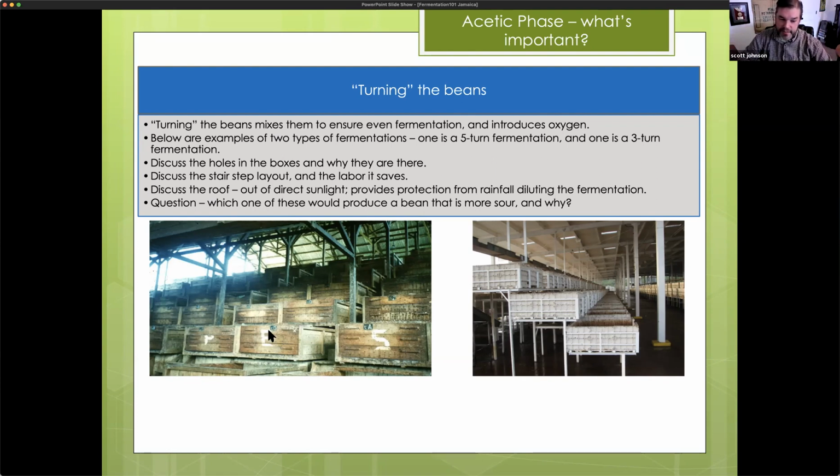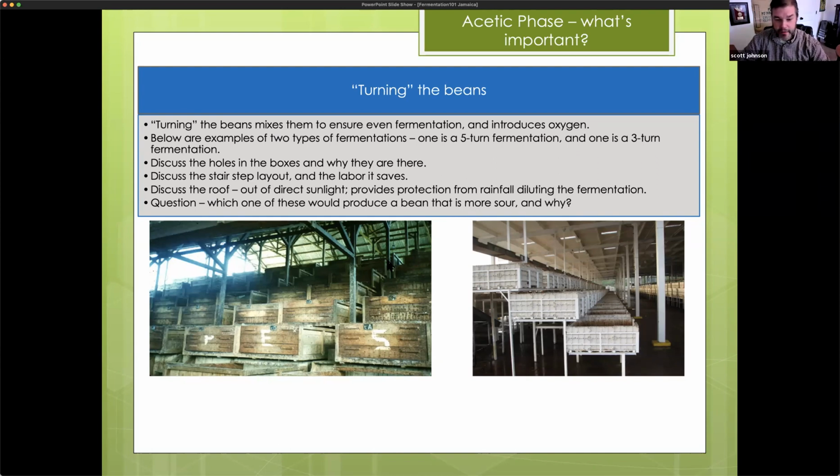I'll lift up this gate, the same gate that's up here in the front box, so that I can take a shovel and push my beans from this box into the bean box right below it and let gravity do my work. Beans are heavy. I don't want to shovel beans all day. If I can just push them out of the box and let them fall into the box below, that's a way for me to not get so tired all the time.